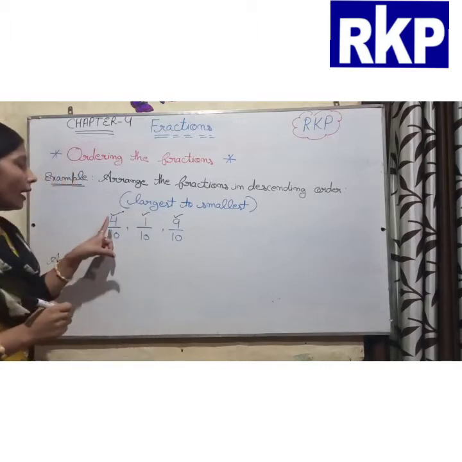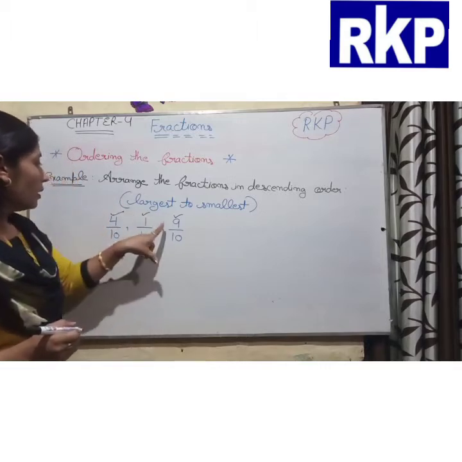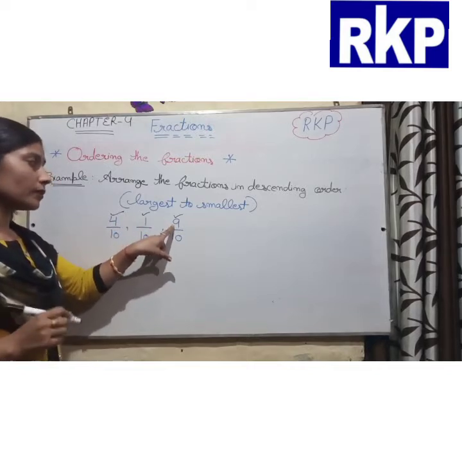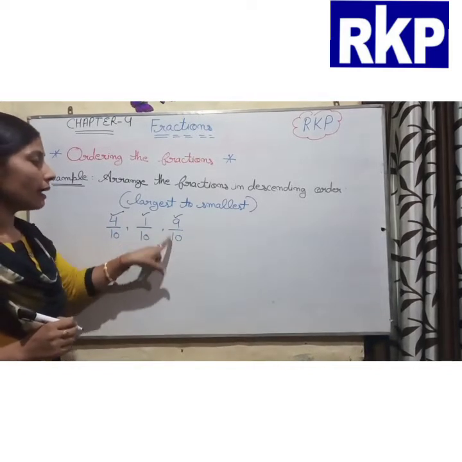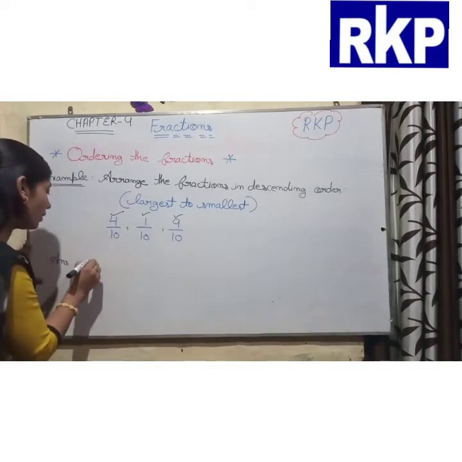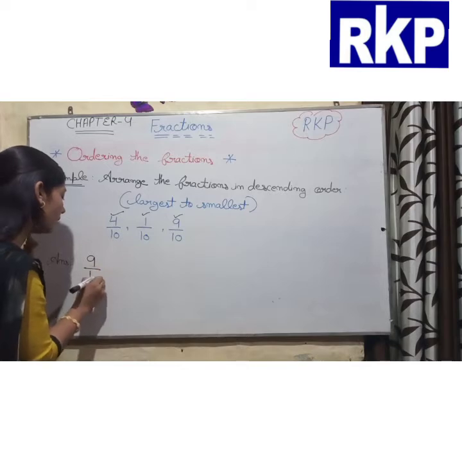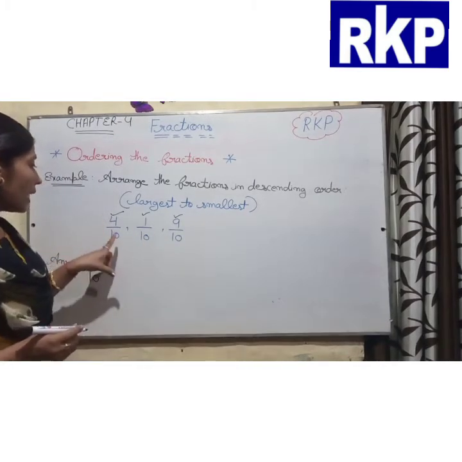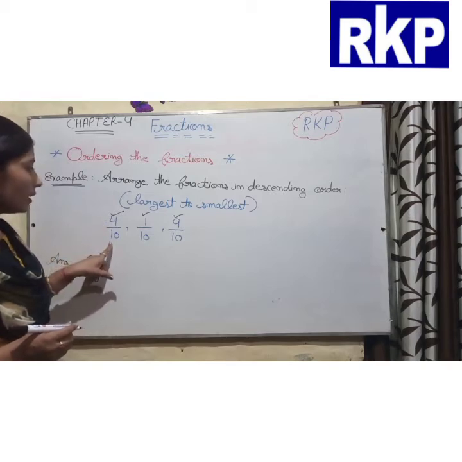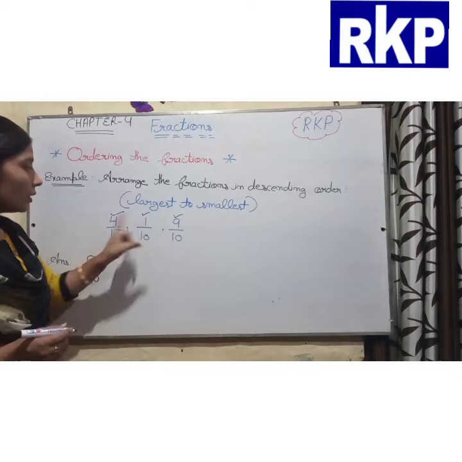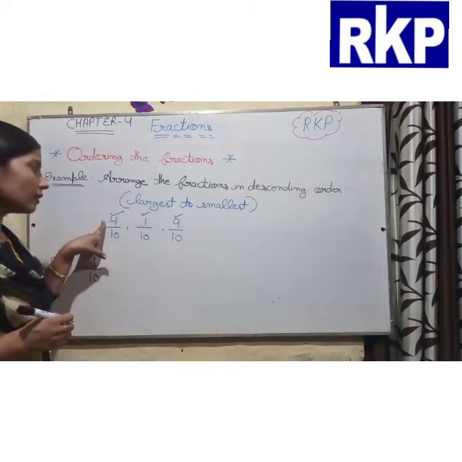Here the greatest numerator is 9. So 9 by 10 is the greatest fraction. So write here 9 by 10. After this we have 4 by 10 and 1 by 10. Between 4 and 1, 4 is greater.